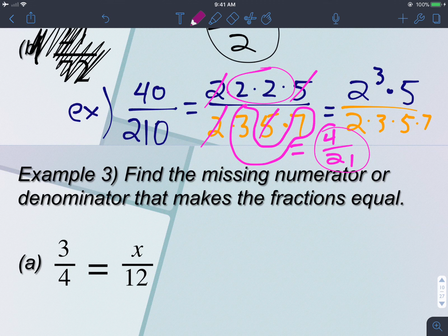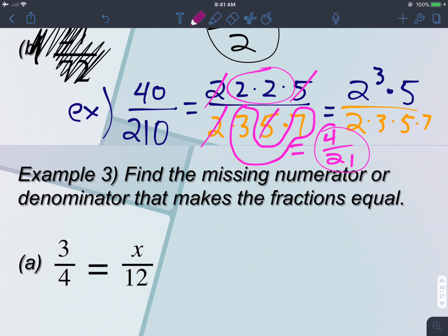Find the missing numerator. Ask yourself, what do I have to multiply the 3 by and the 4 by? Because remember, we said what you do to the top, you got to do to the bottom. So how can I go from 4 to 12? Times 3.